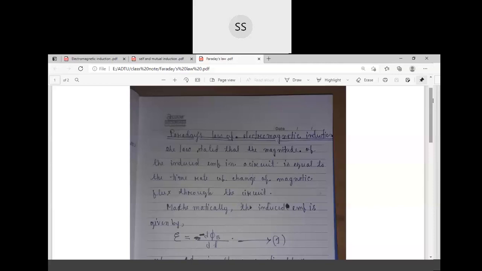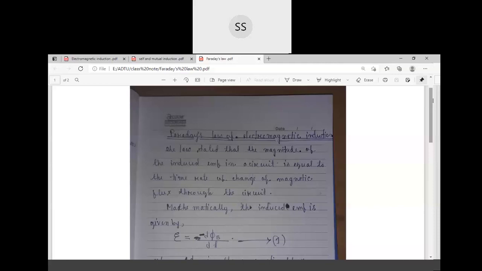Or when we move that electrical conductor in a constant magnetic field, it also produces a voltage. That voltage, which is called induced EMF, is equal to the rate of change of magnetic flux with time.